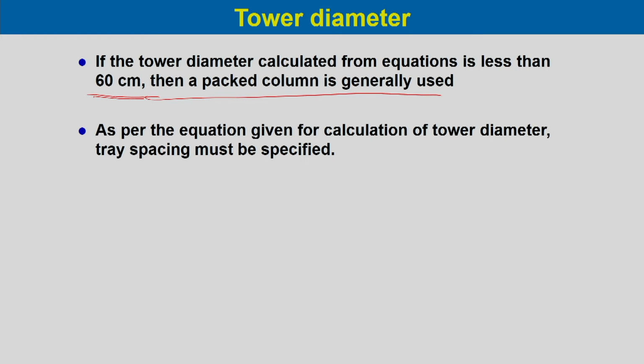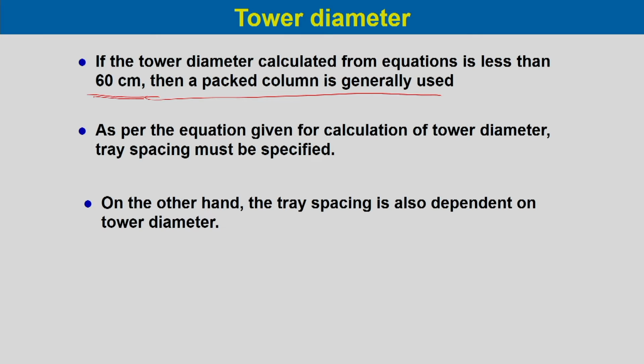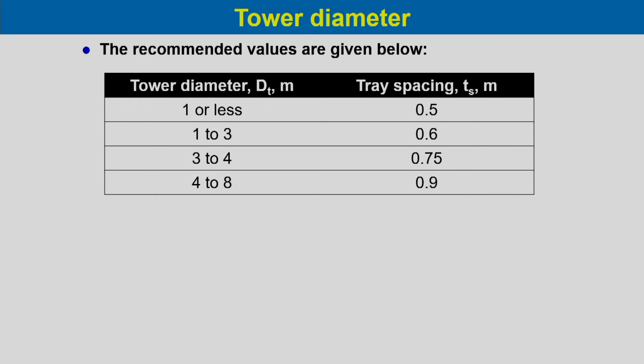As per the equation given for the calculation of the tower diameter, tray spacing must be specified. On the other hand, the tray spacing also depends on the tower diameter. So, these are the recommended values.